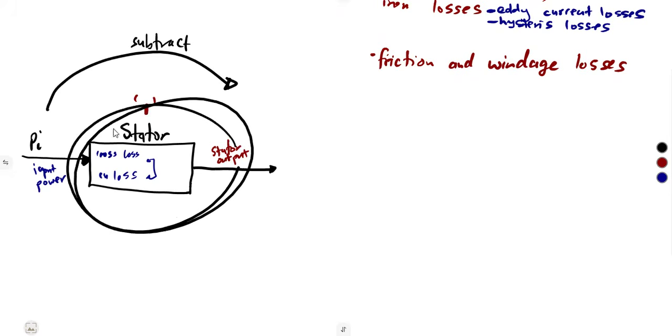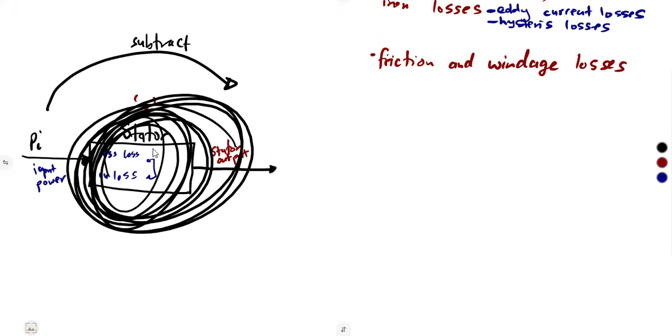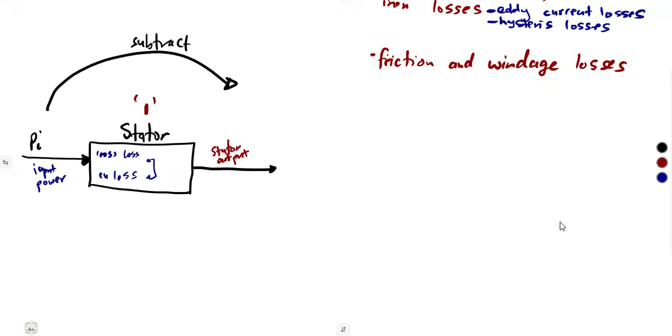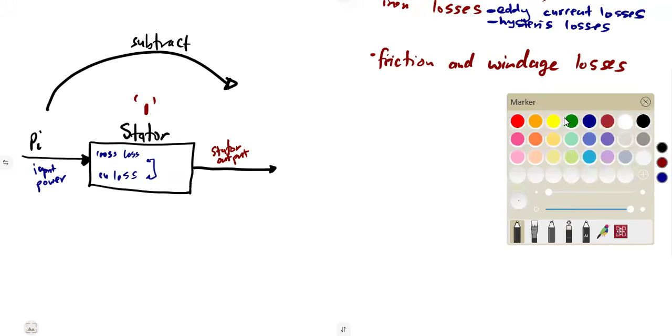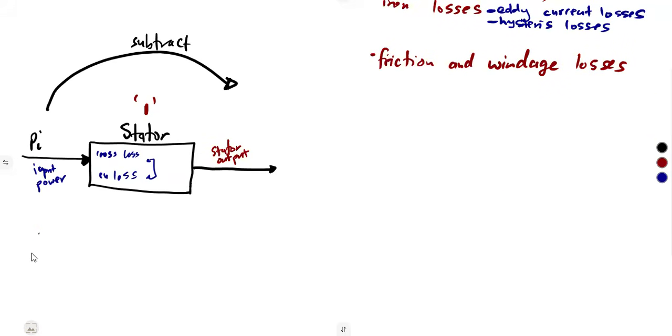So in this sense alone, we are saying the stator output. It's actually the power that we're talking about, but it's from the stator. So you can conclude that the stator output will be equal to what? Will be equal to what we started with, the input power minus the stator losses.